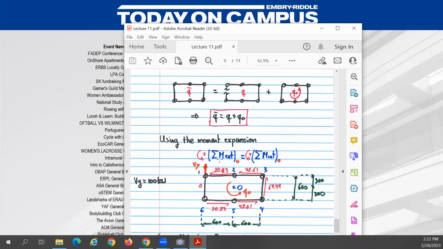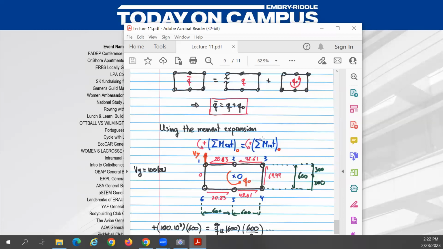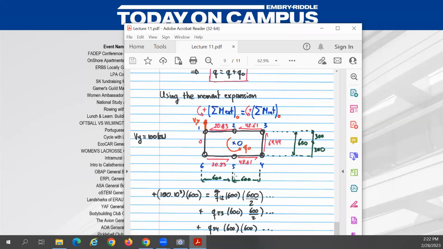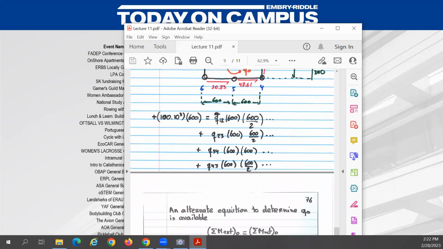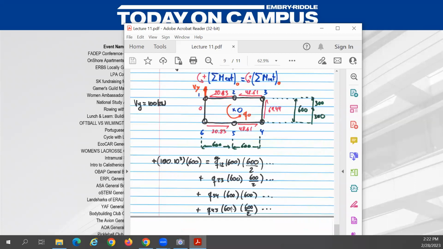So this is the same procedure. Then we took the moments about here, point O, okay? And please let me know where is the last thing I wrote. Did we write these lines over here or not? We should have a plus.